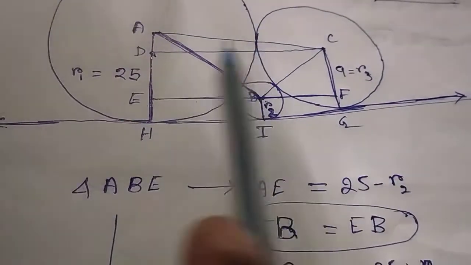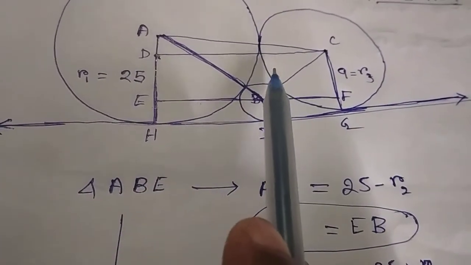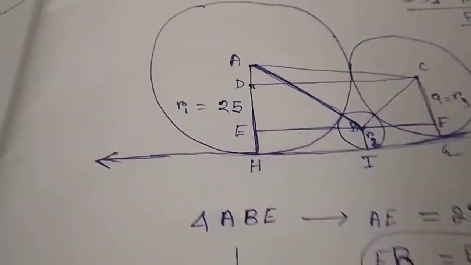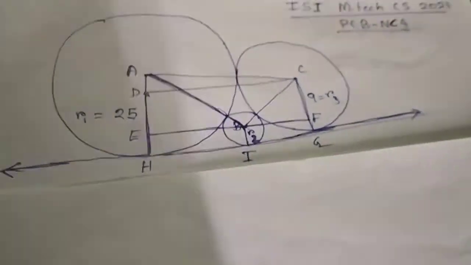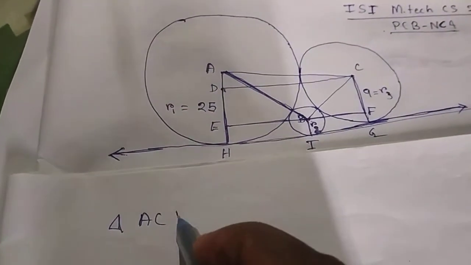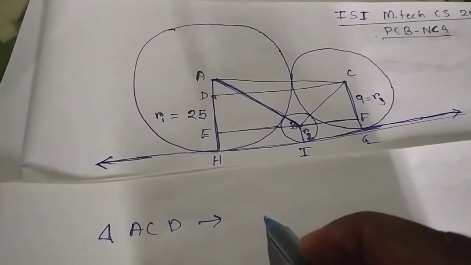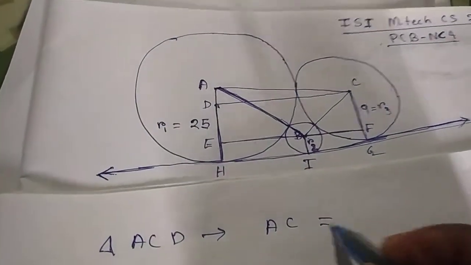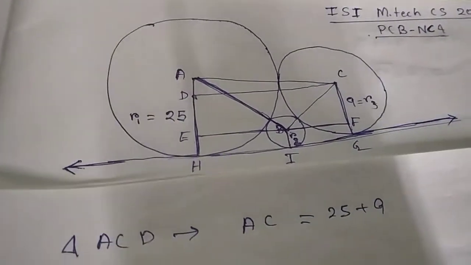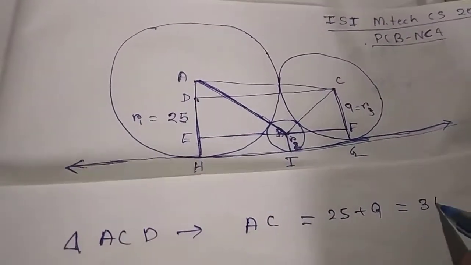Now we will find the value of CD from the triangle ACD. So from the triangle ACD, what we have? We have AC equals 25 plus 9, the summation of the two radii, which is 34.